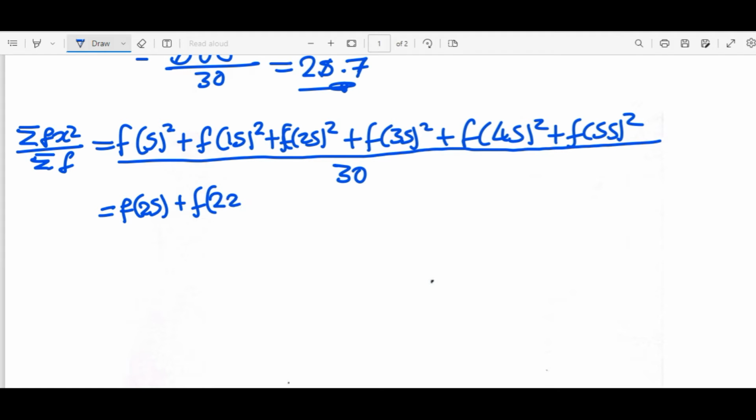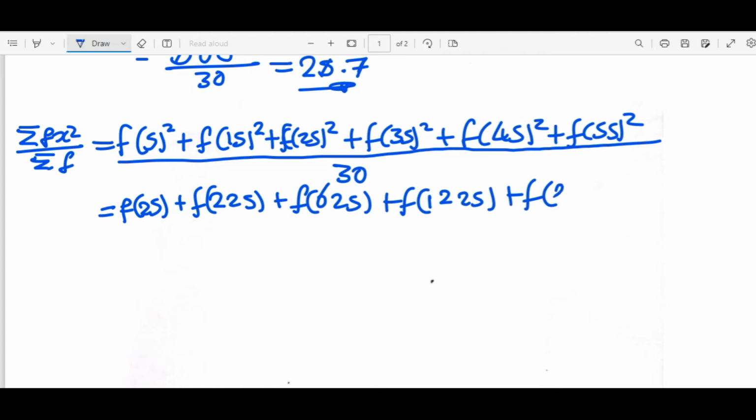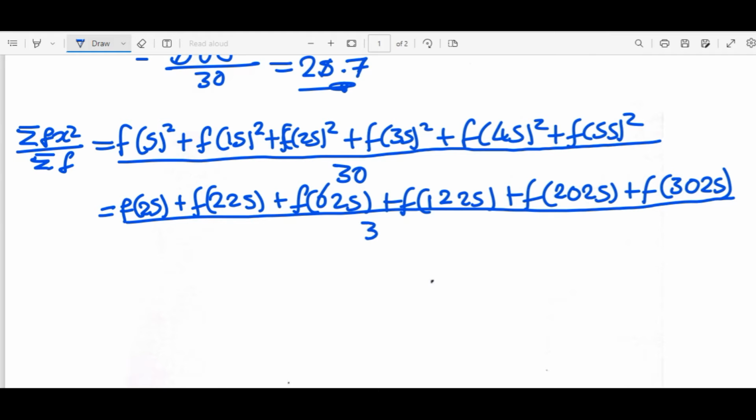So we have 225 plus what is 25 squared? 625, plus 35 squared, 1225, plus 45 squared, 2025, plus 55 squared, getting 3025, over the same frequency 30.